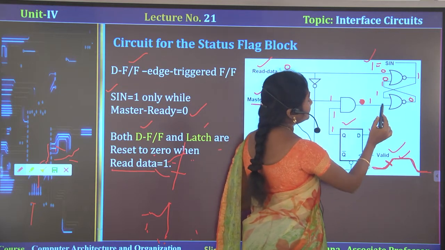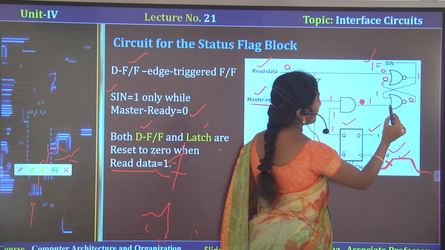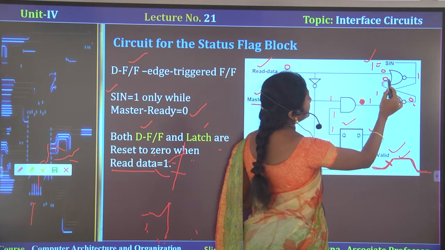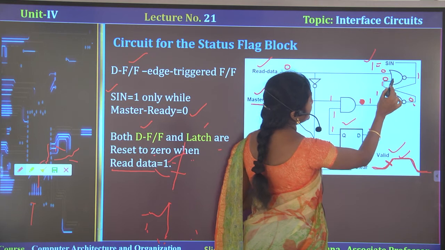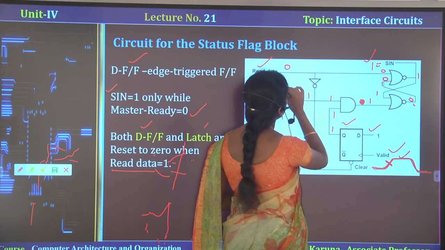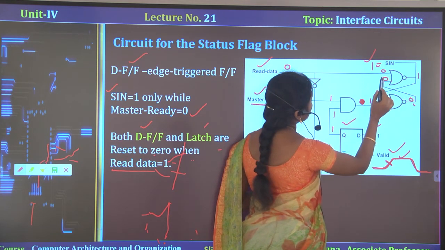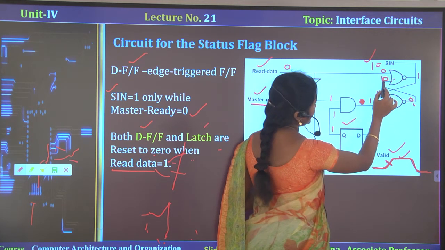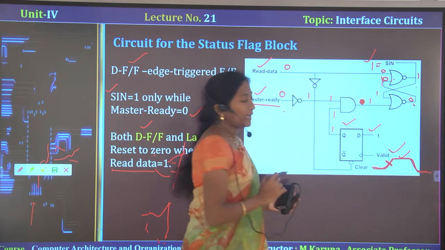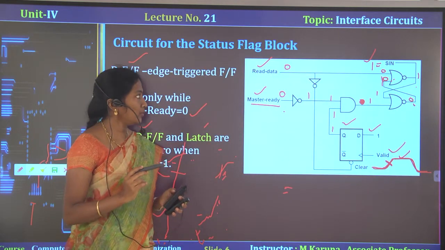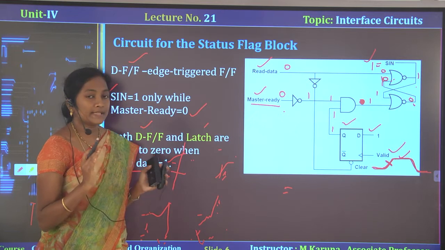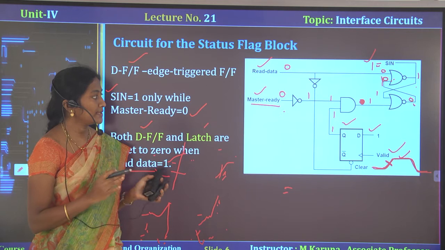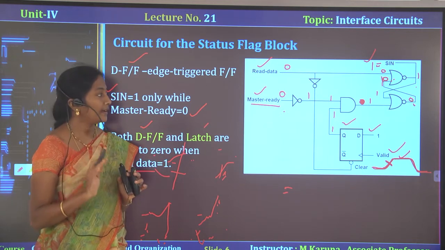Now the output of the NOR gate is 0. Now this 0 is transferred to this NOR gate. Then read data is 0. If the NOR gate inputs are 0, then the output is 1. Likewise the SN bit will be set to 1. Whenever data is available in the data in register, the SN bit will be set to 1 based on the valid signal, master ready signal and read data.